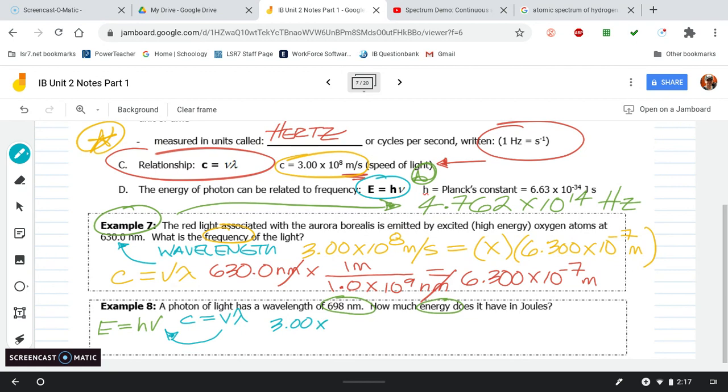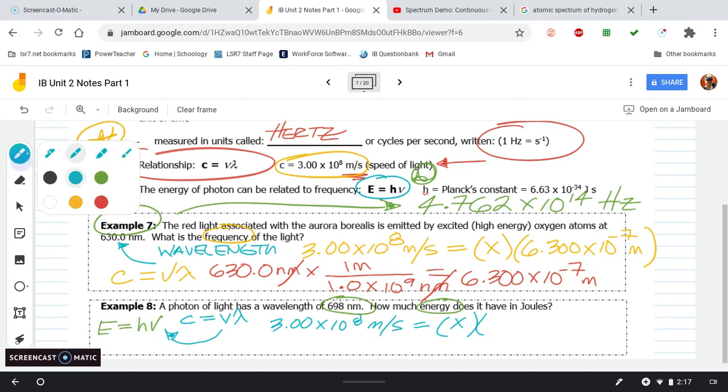3.00 times 10 to the 8th, there's the speed of light, that doesn't change, equals, we're looking for the frequency again. We have the wavelength. And so it's the same problem. It's 698 nanometers. So we're going to have to convert that because that's not going to be useful.